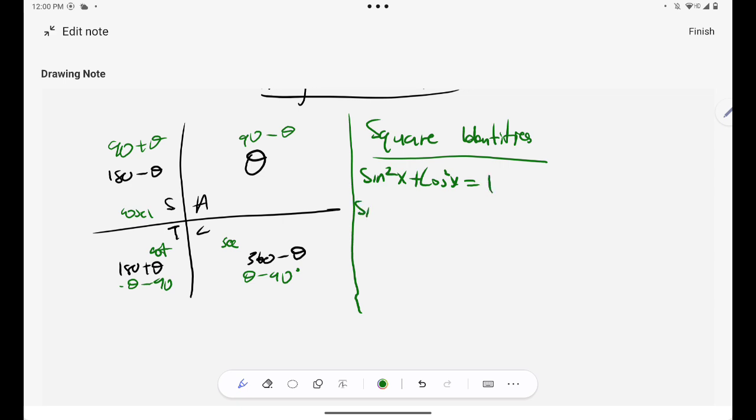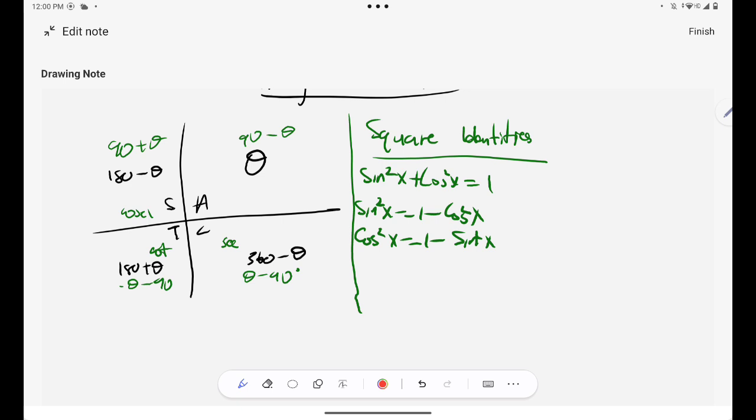Then sine squared x is equal to 1 minus cos squared x, right? And then we have cos squared x, which is equal to 1 minus sine squared x.